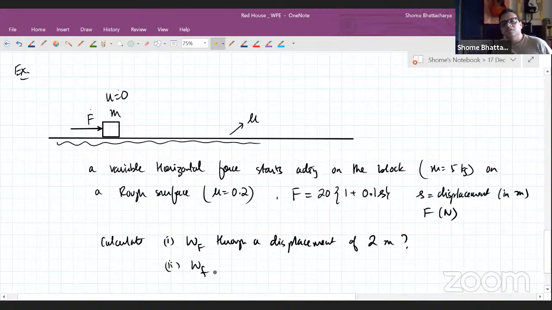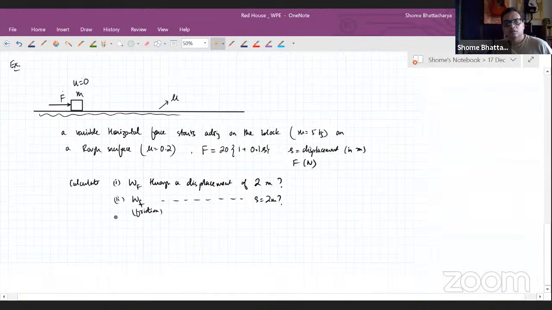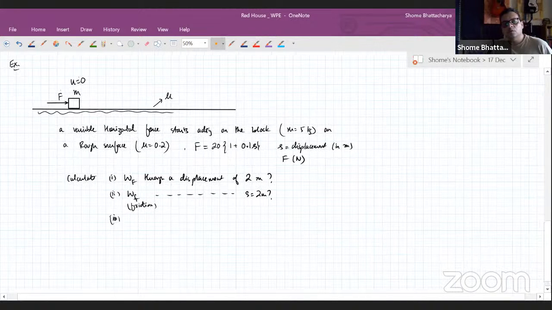Work done by friction through a displacement of again 2 meters. And we have to find the speed of the block at the instant when its displacement is 2 meters.